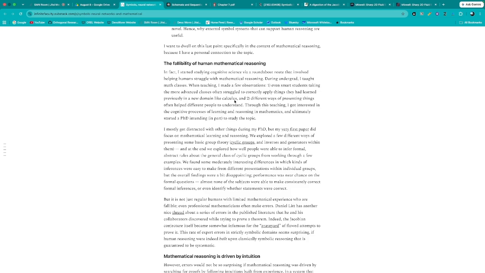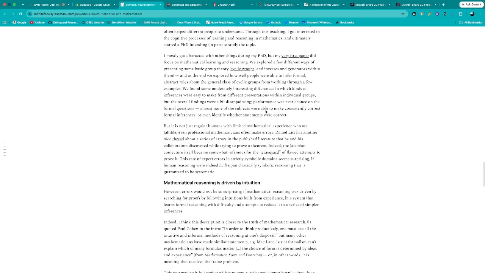So domain transfer, or transfer of training, was very hard, even for the experts. The other thing he noticed is that different ways of presenting things often helped different people to understand. So cognition plays a key role in mathematical reasoning, and it's in particularly non-symbolic ways.